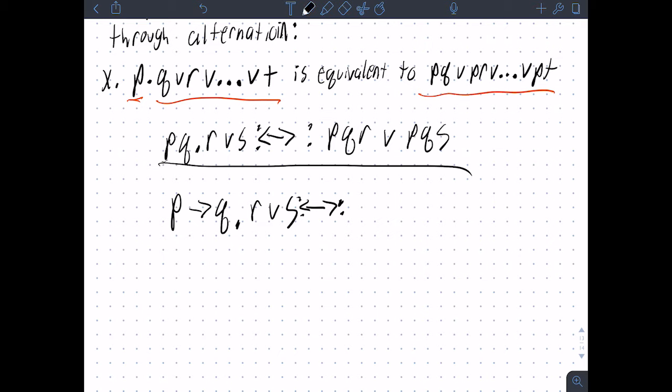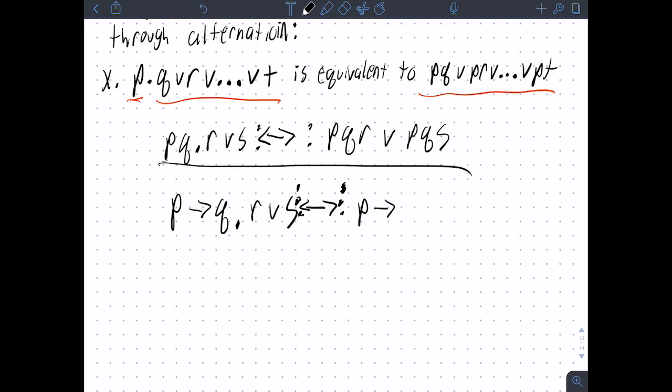So we get P, oh wait, this needs more dots. Didn't give myself enough space.